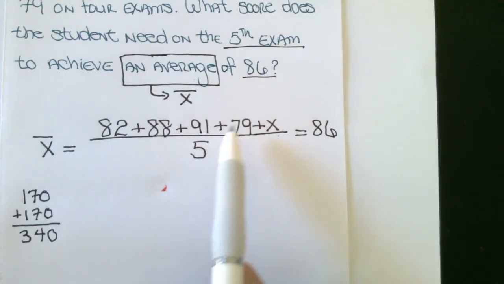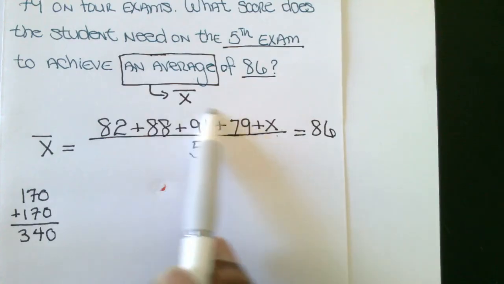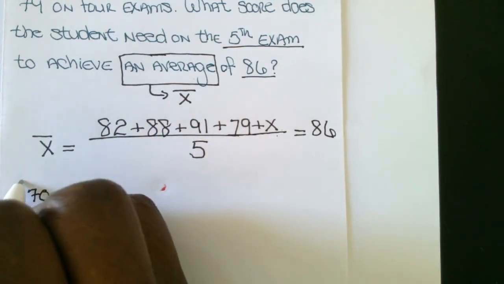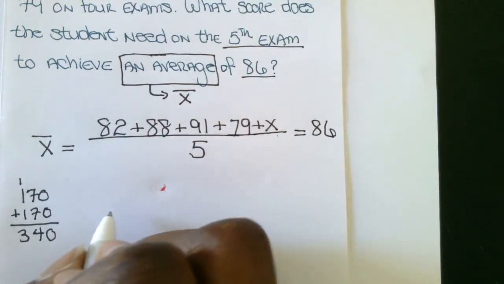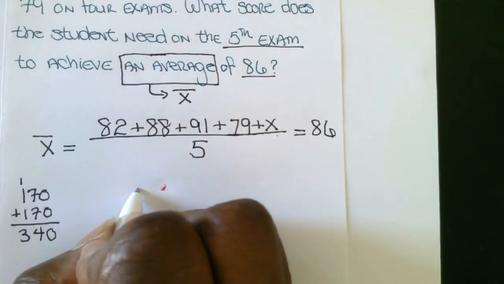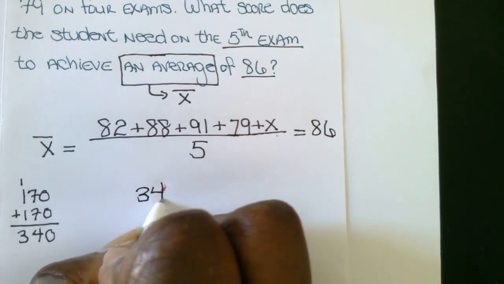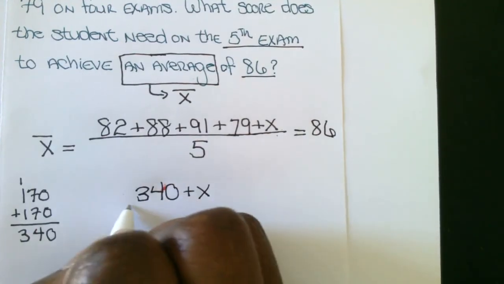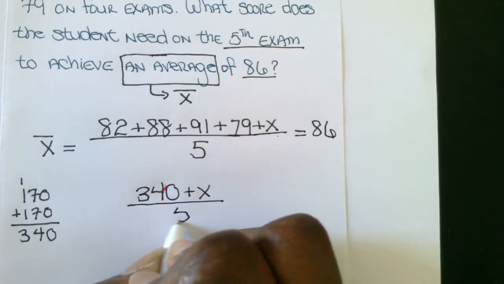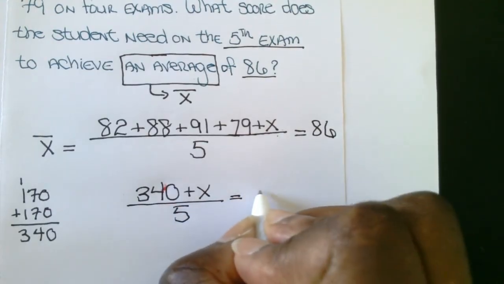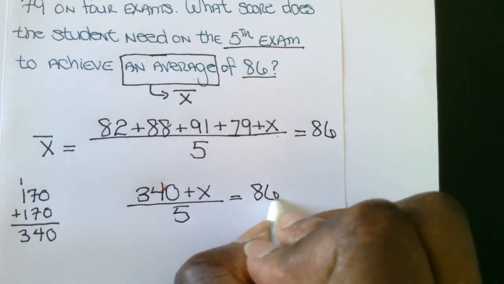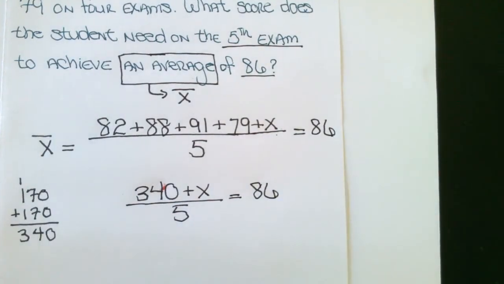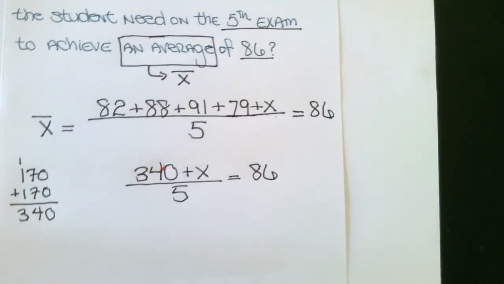Right now, the combination of those 4 exams is 340. So I have (340 plus x) over 5 is equal to 86.